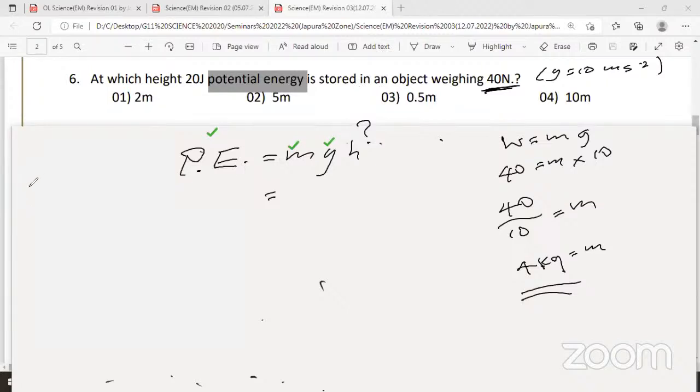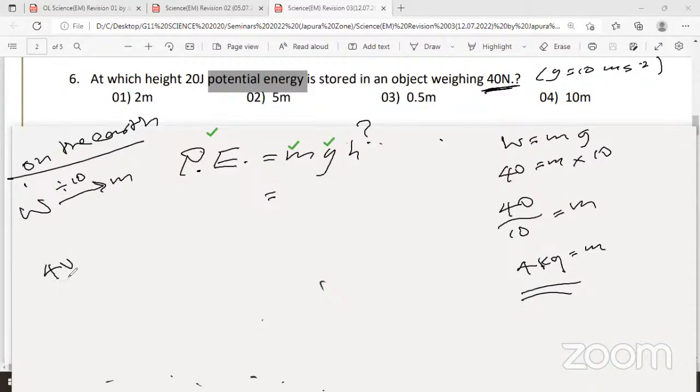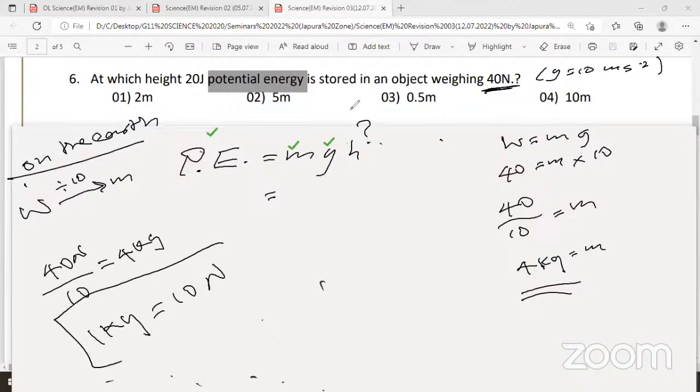So on the earth, if you are given weight, you can directly get the mass by dividing by 10. Example, 40 Newton divided by 10, you get 4 kilograms, because 1 kilogram is equal to 10 Newton on the earth. If you want, you can copy this down. That you should know.